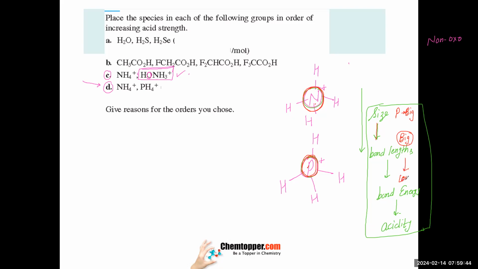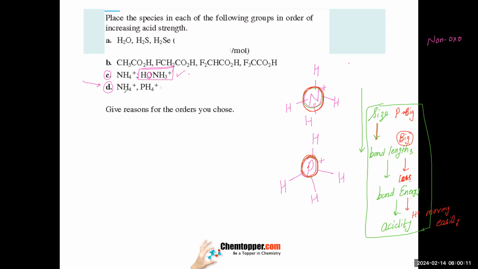You can write less bond energy. Less bond energy means a very small amount of energy is needed to break the bond. Less bond energy means it is easy to break away H plus. H plus moves out easily, breaking away easily. If it is moving out easily, then it's the strong acid.